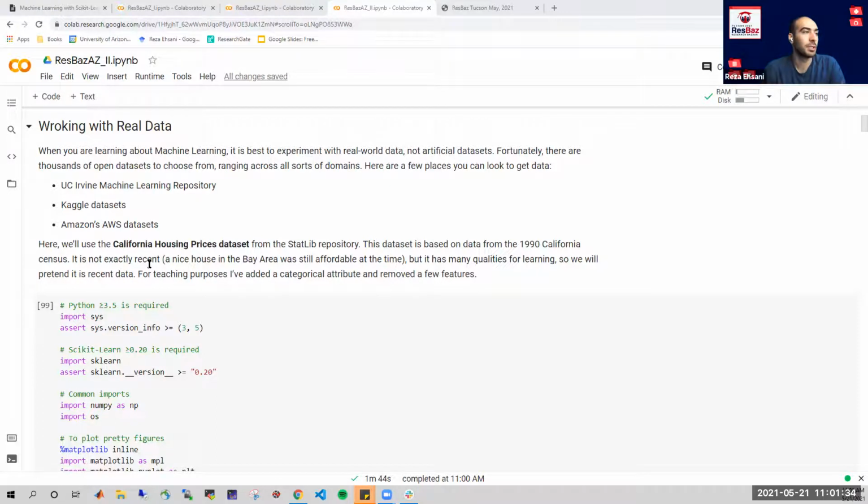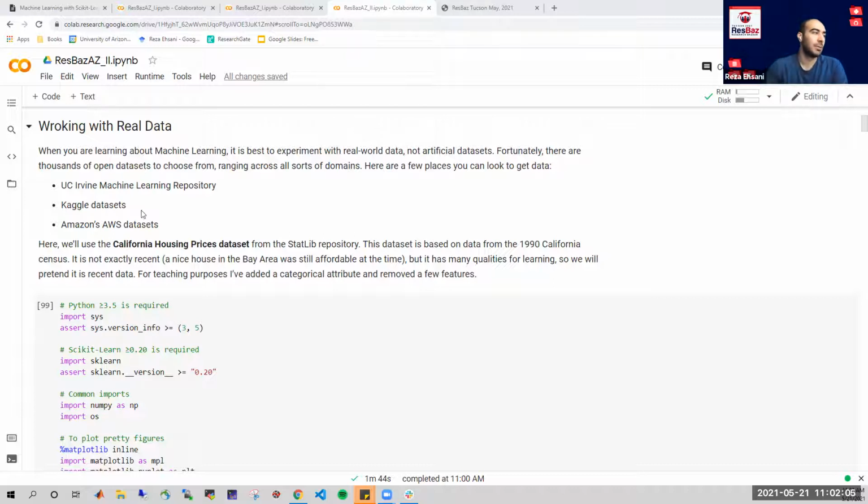The most important sources for getting this data include the University of California Irvine machine learning repository, Kaggle datasets, and Amazon's AWS datasets. You can easily Google them. When you open the website, you just search for the field you want. For example, if you work with remote sensing data, you just need to search for the keywords remote sensing, and you can easily find a lot of information up there.